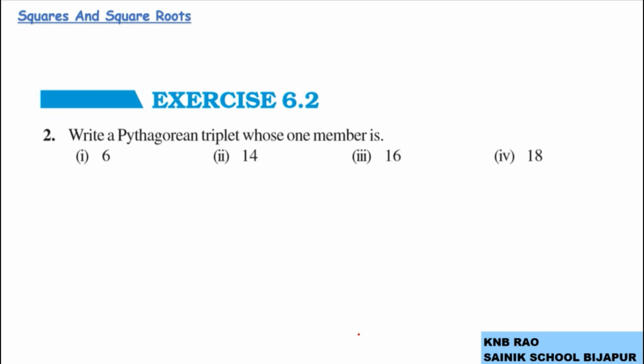Note down this homework. Exercise 6.2, question number 2. You are asked to find Pythagorean triplets where one of the members is given as 6, 14, 16, 18. So these 4 questions you do in your homework book, that is exercise book.